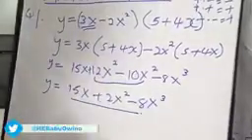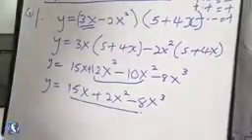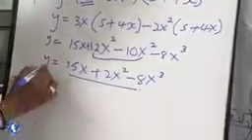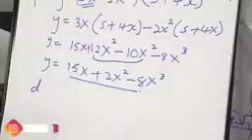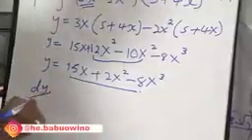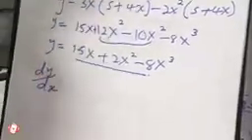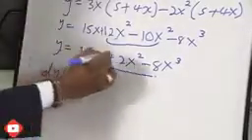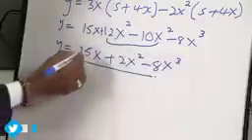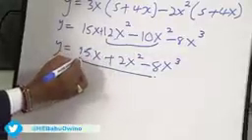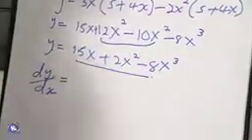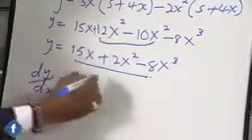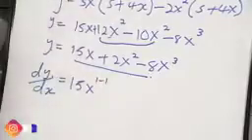Then we are advised to find the derivative. That is differentiation. Differentiation is the gradient function. Now we are going to get y with respect to x. That is dy/dx. Now when we want to differentiate, we'll differentiate every part that we have here. We first start by differentiating 15x. In differentiating 15x, we have 15x, where x is raised to power 1, you subtract 1.